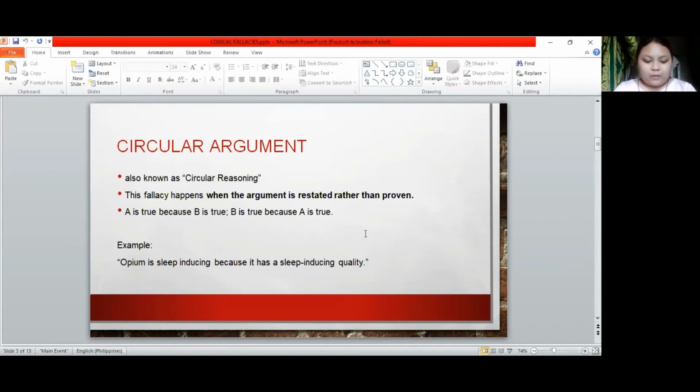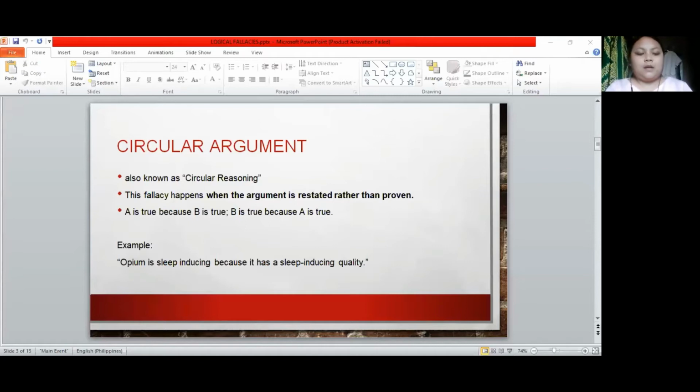Another example for circular reasoning is, I deserve to have a later curfew, so you should let me stay out until 10 p.m. So this argument says that the person should stay out until 10 p.m. because he or she deserves a later curfew. So this does not make any sense at all.